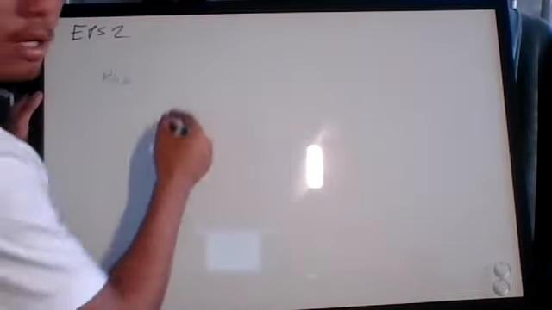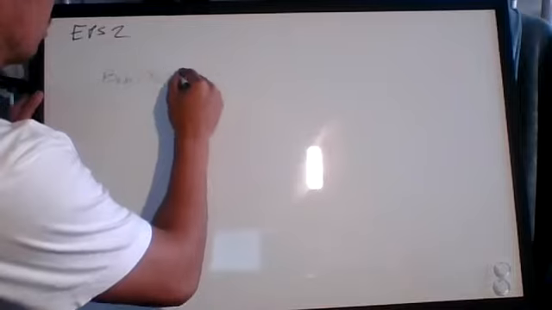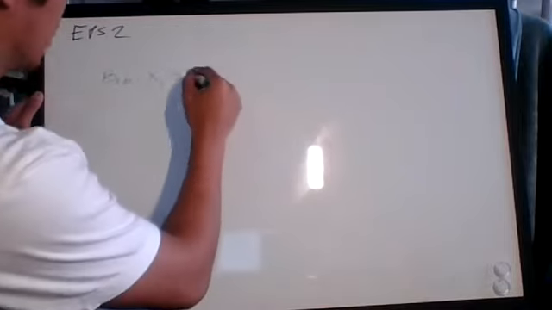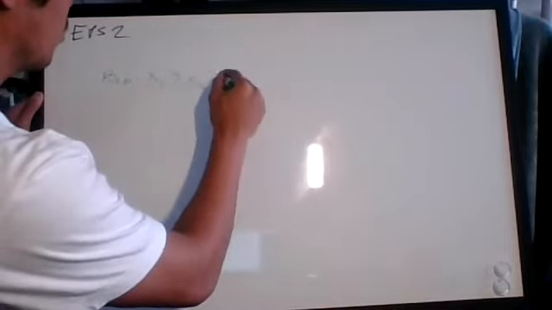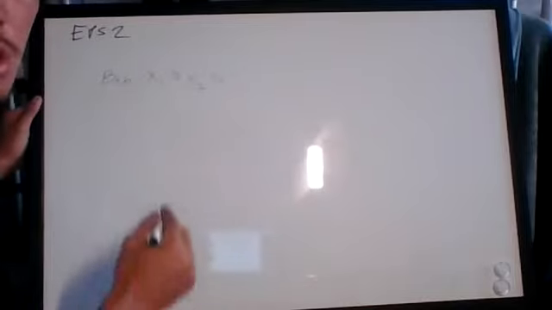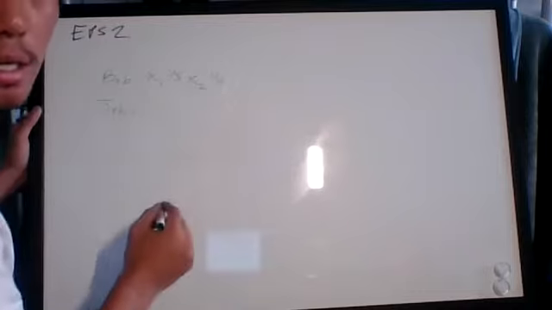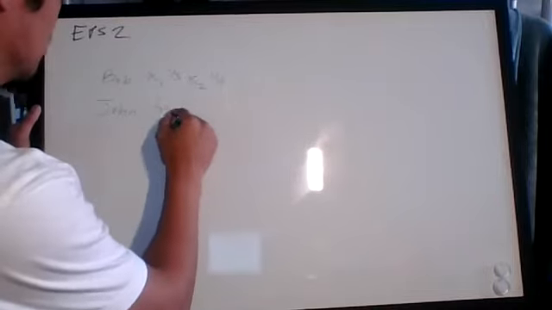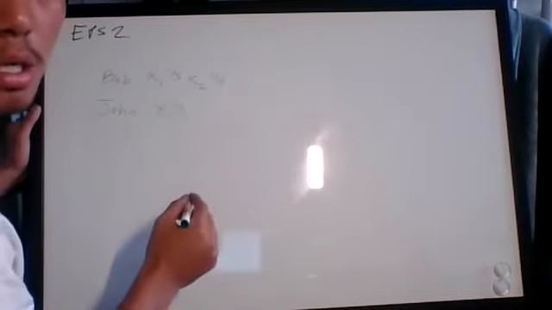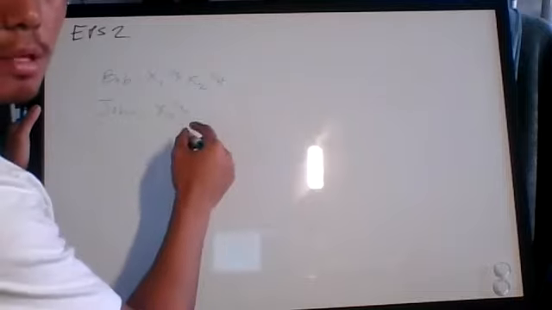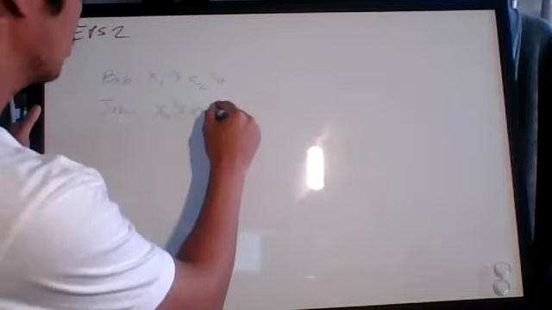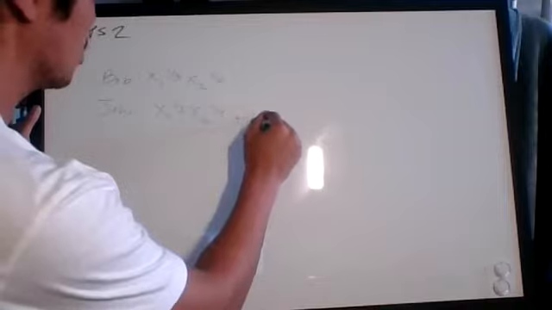Bob's utility is given by x1 to the 1/3, x2 to the 1/4. John is given by x1 to the 1/3, x2 to the 1/4 plus 100, all raised to the 7th. Basically, it looks like the same thing.